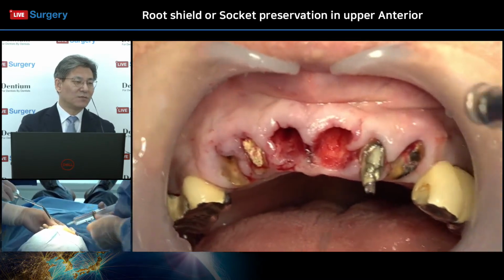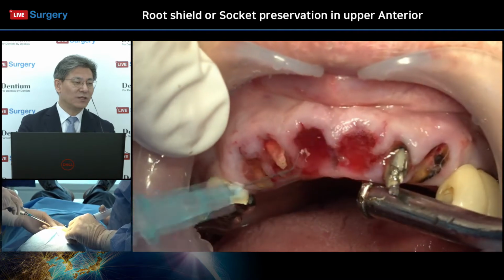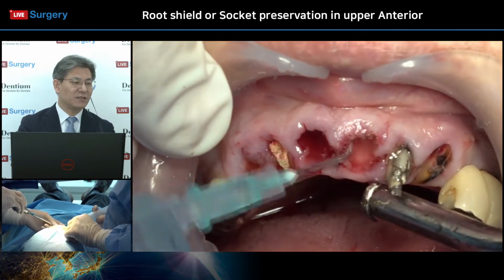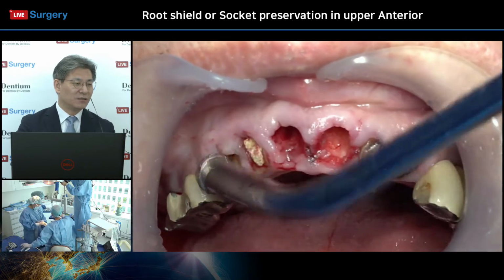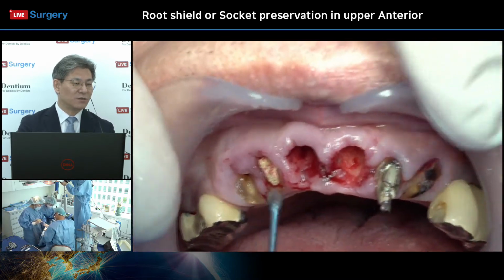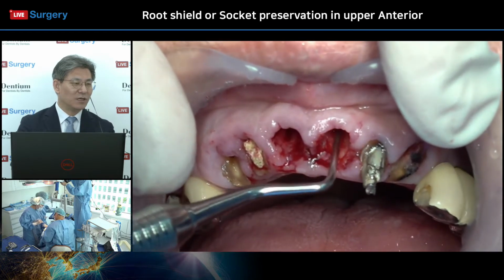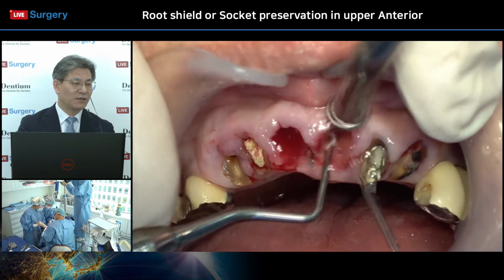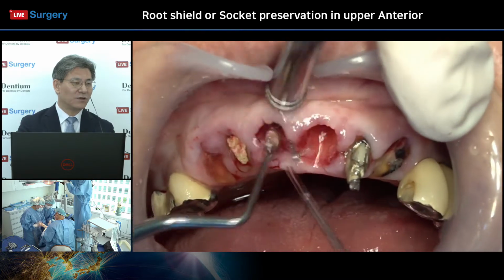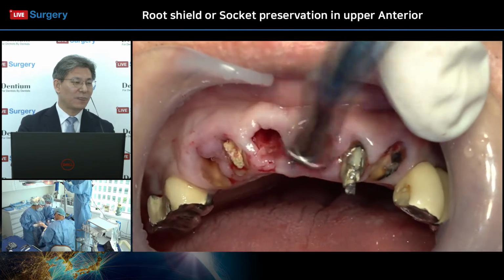So number 11 and number 21, both of the central incisor areas, the tooth removed, and he uses a curette. Hold the socket, curetted thoroughly.